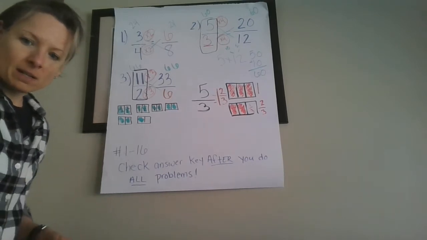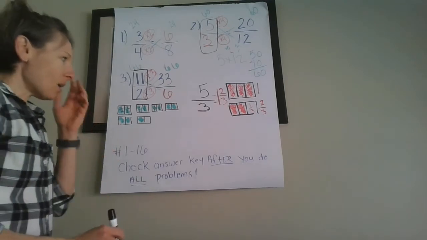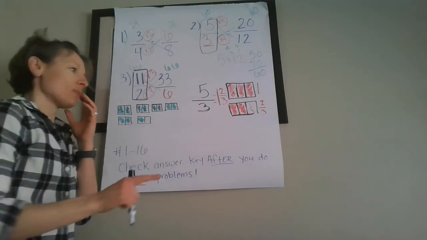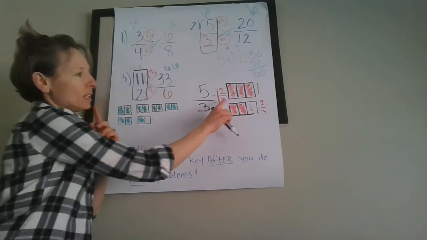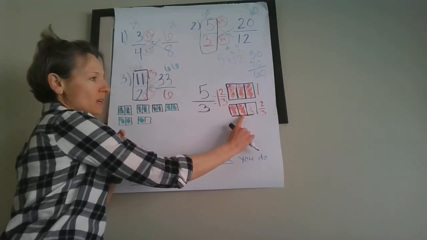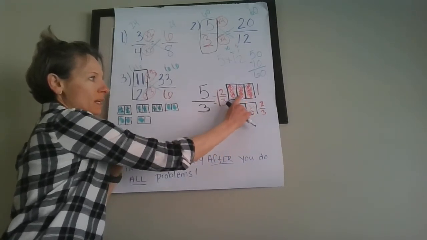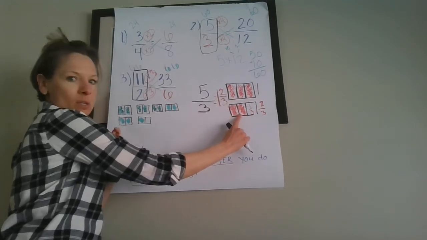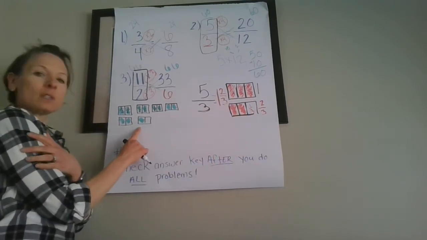Wow. So now take a minute and think about this. Just like over here, we had one whole candy bar and then 2/3 of the second one. So it was 1 and 2/3. What would the answer to this one be?